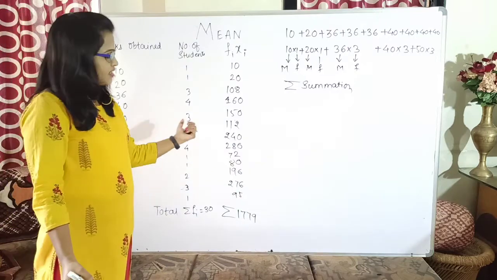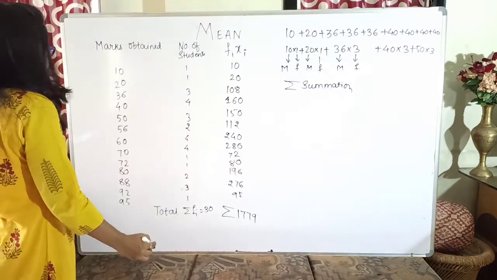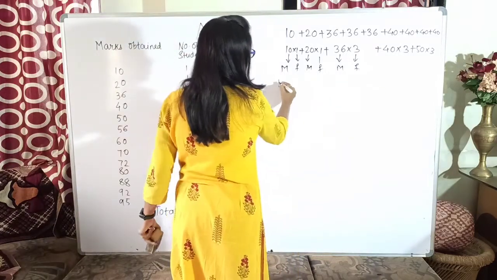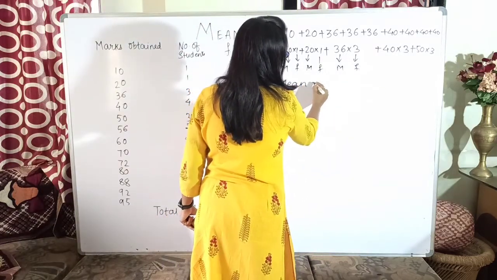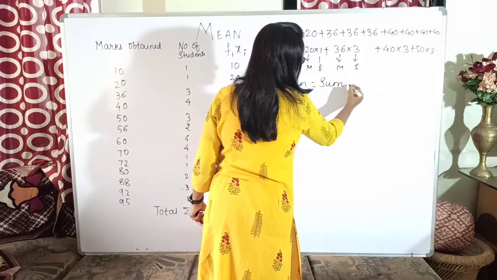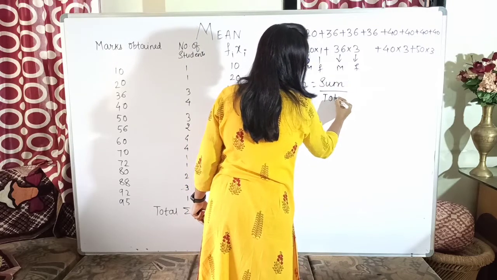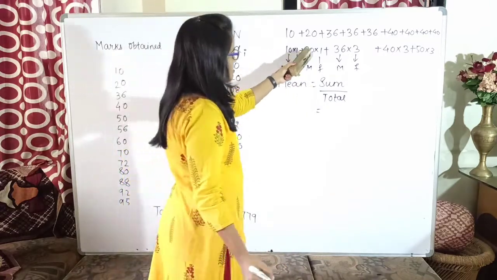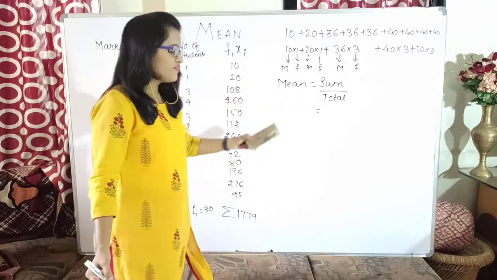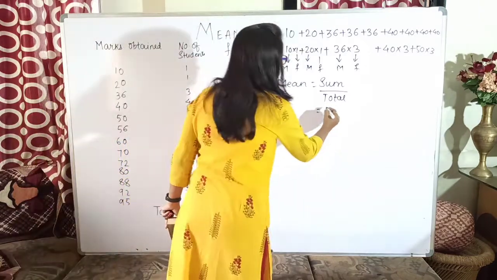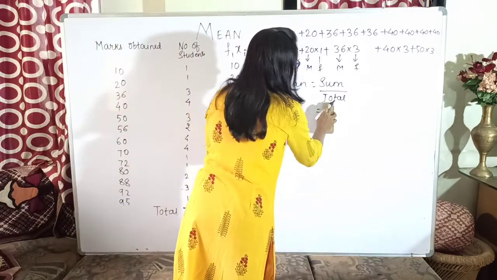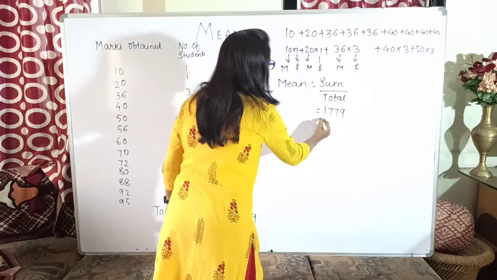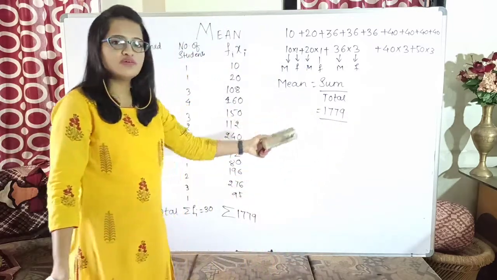Okay, so coming back to our formula for average, what does it say? It says the mean of any value is given by the sum of all observations divided by the total number of observations. So what is my sum of all observations? This was my sum, the complete value I have found here, which is 1779, divided by what is my total number of observations.